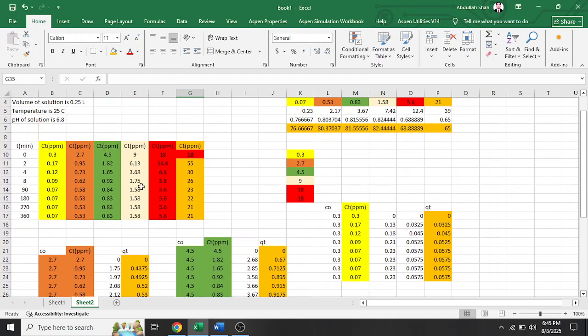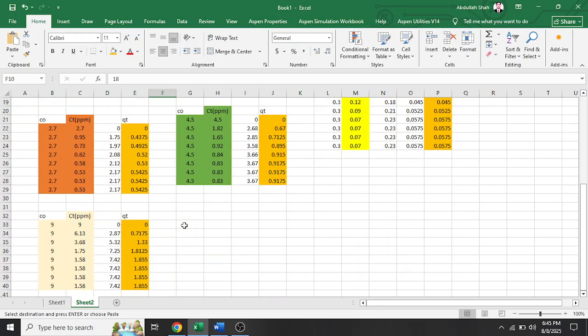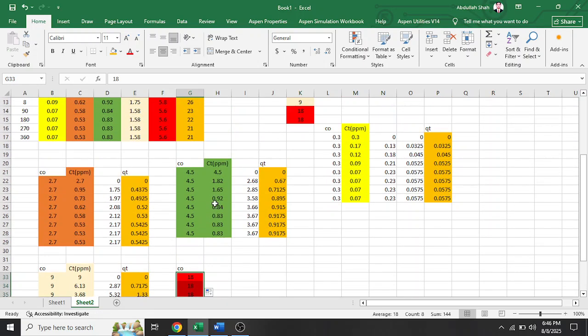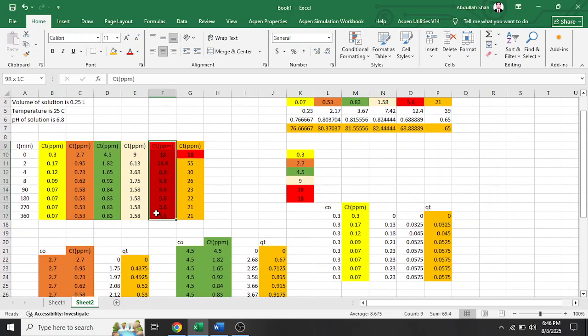Now experiment number 5, 18. This is C naught, with 8 points: 1, 2, 3, 4, 5, 6, 7, 8. And Ct.